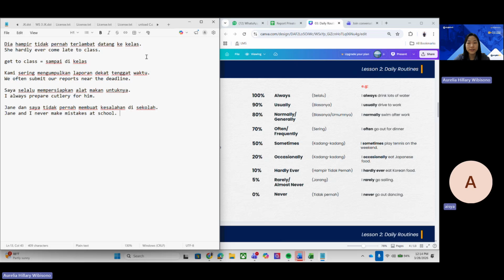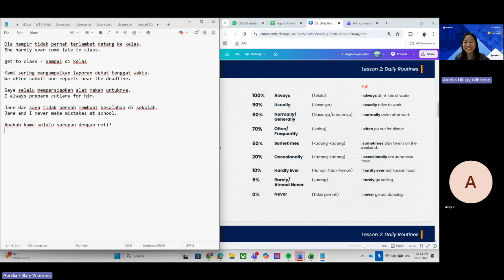That's about the positive sentence. And now I will ask you how to make the question. Okay. Apakah kamu selalu sarapan dengan roti? Call simple present tense. Do you atau are you?